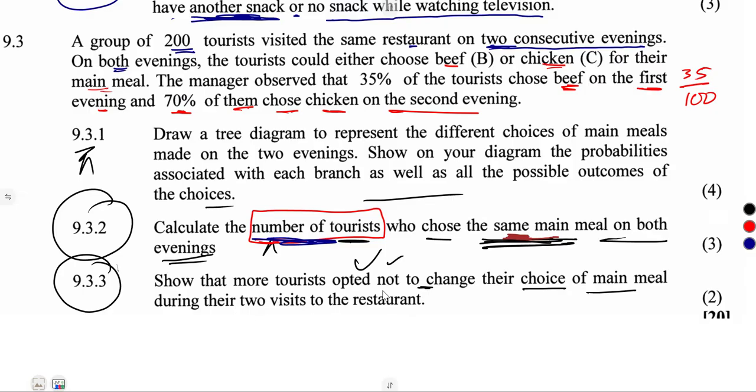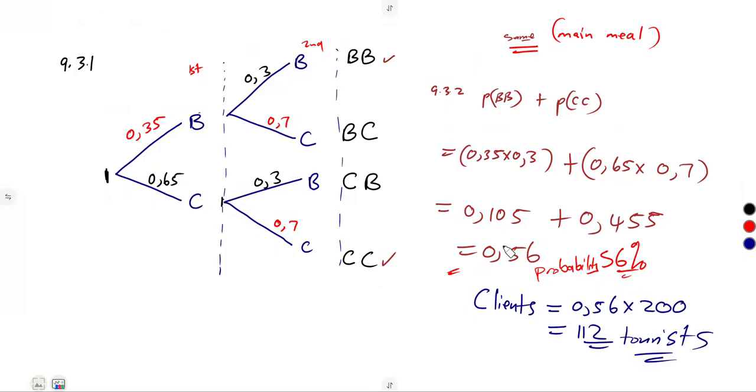Not to change, what does it mean? It means you are not changing. If you take beef the first night, the second one it's beef. If it is chicken, chicken.